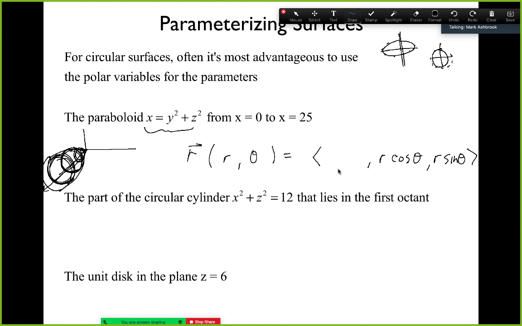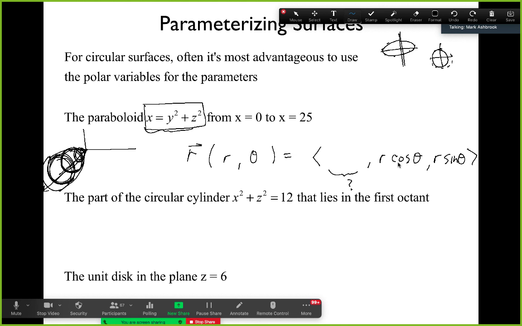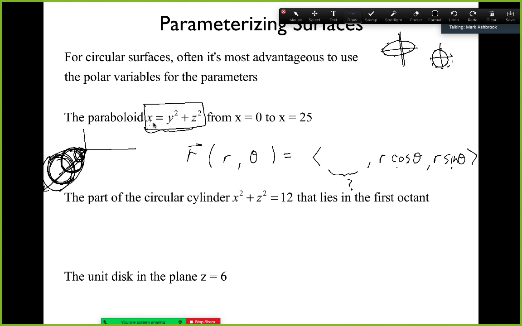Then how are we going to figure out what x is? We've defined y and z, but we have to make sure we have this paraboloid, where x equals y squared plus z squared. So this determines what x is.